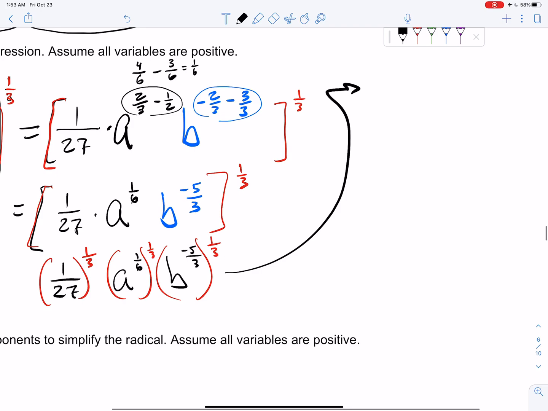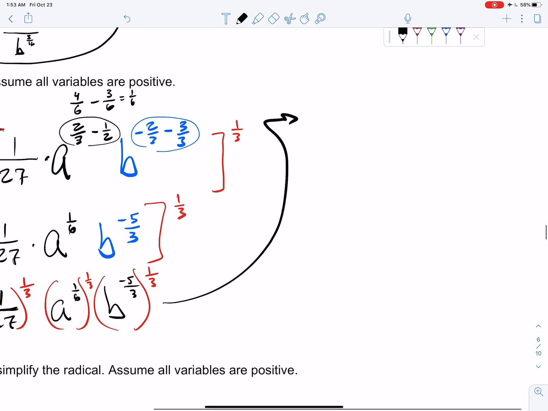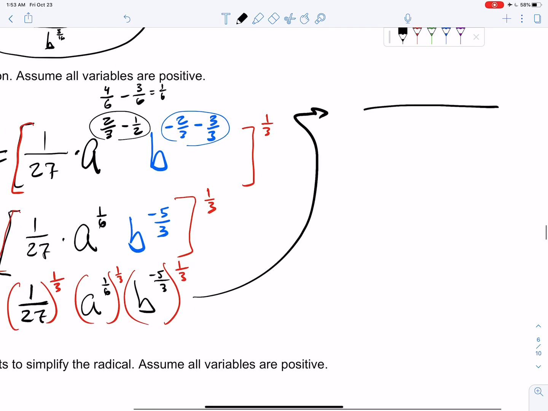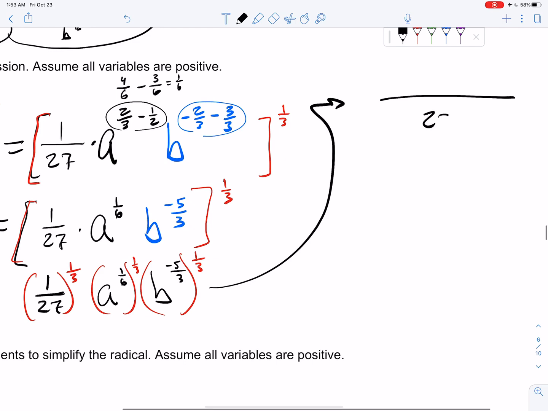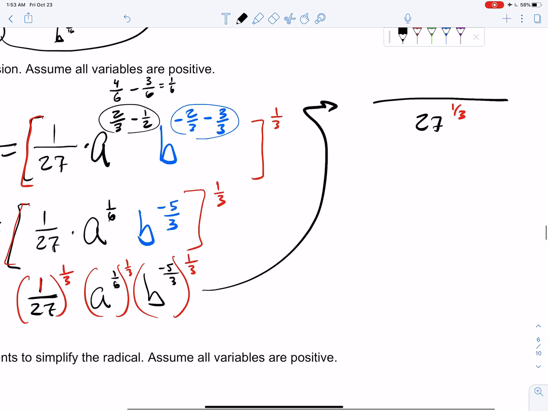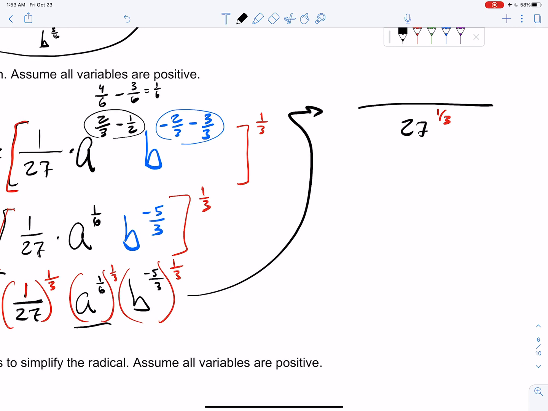So look at this. This is 1 over 27, so that's clearly in the denominator. So we've got 27, and remember, everything must be raised to the 1/3. So we'll do that. 1 raised to the 1/3 is just the cube root of 1, so we don't have to show that. If you want to put a 1 up there, you can. But we are going to have other things occupying the numerator, so we don't really need to show that 1 up top, because we've got this guy that is clearly up top.